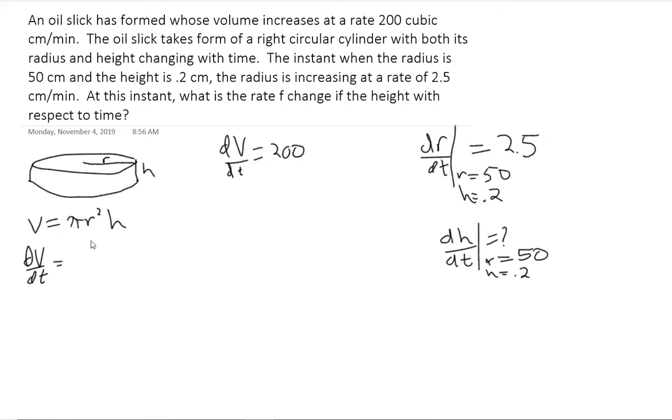Usually x and y are what you're familiar with if you're doing differentiation a lot. r and h are the two different variables in this situation, so we're going to handle them separately, like a product rule type thing. Okay, so the first one, the derivative of pi r squared is just 2 pi r. And since this is like implicit differentiation, we're going to have to add in a dr/dt.